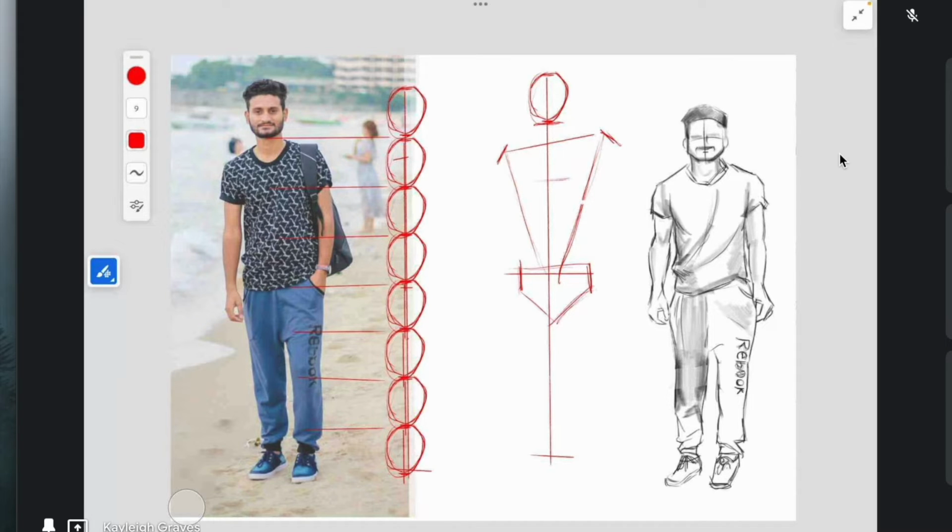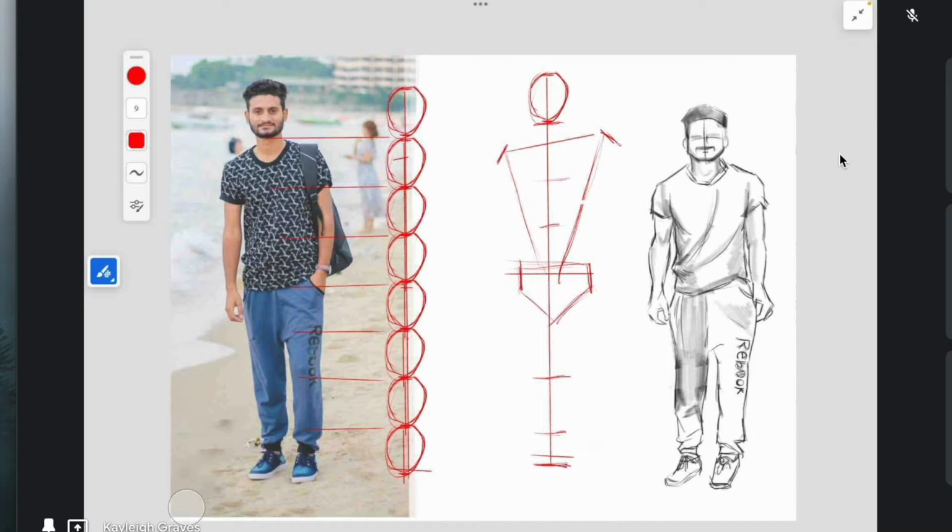The third head height will get us about to that belly button. The fourth head height will get us to the top of that pelvic bone. And then if we go from the bottom, here's the bottom of our heads. Here's about the ankles, about the knees, and then we can go from there and really measure it out.